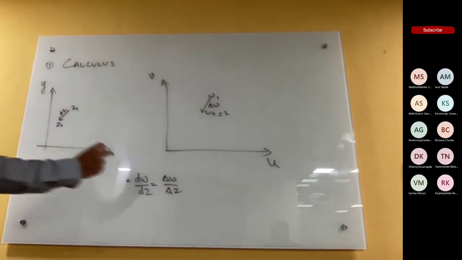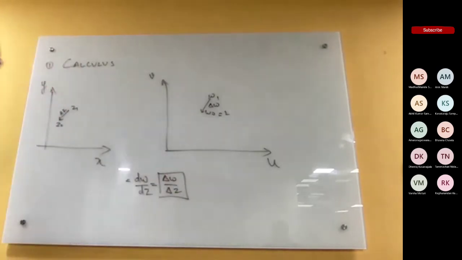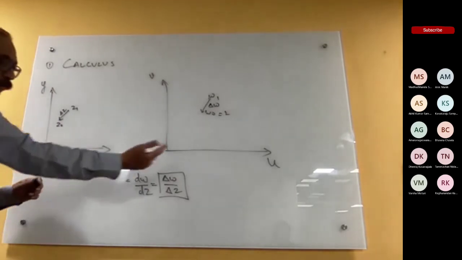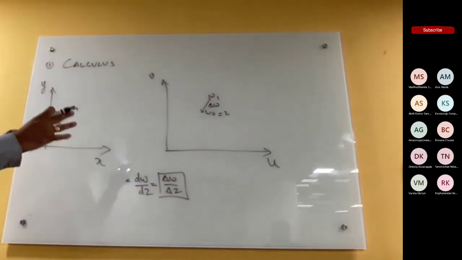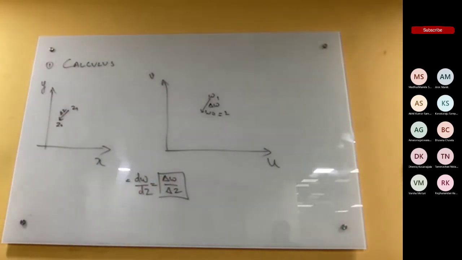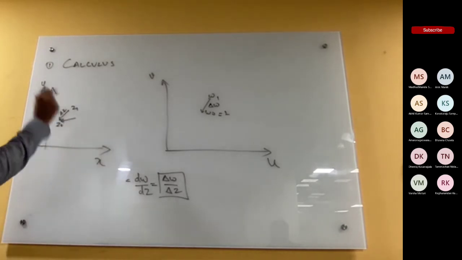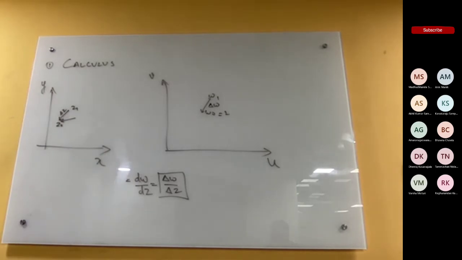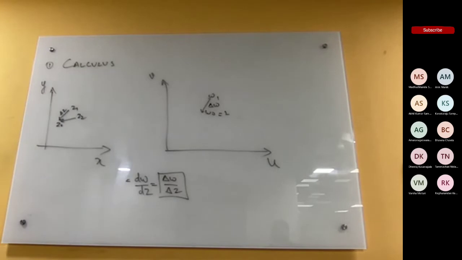And you said if this exists, then the limit exists, and this ratio has to fall to that limit L as delta Z is becoming smaller and smaller. Now what happens if you come at Z0 from another direction? Let us say this is Z2.